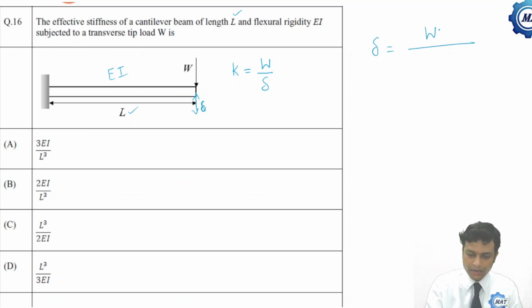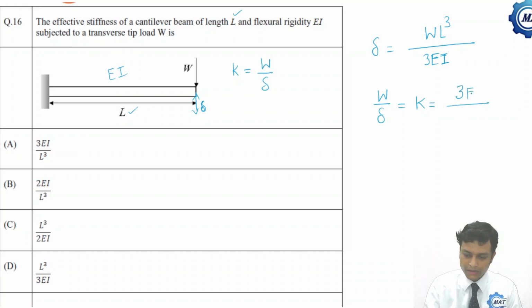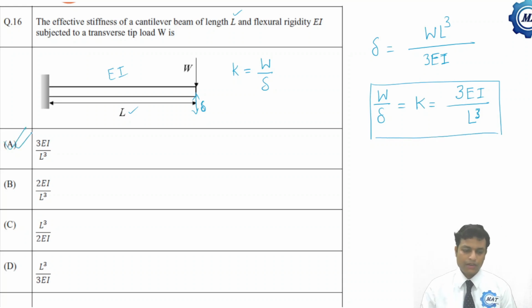We know that delta is WL cube by 3EI. So W by delta, that is K, is equal to 3EI by L cube. So this is the answer to the problem and option A is the correct one.